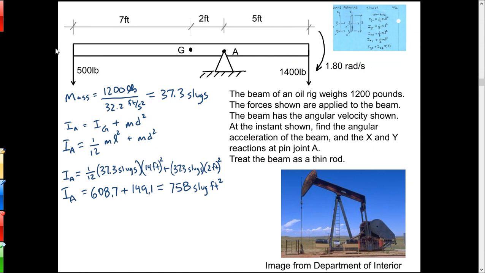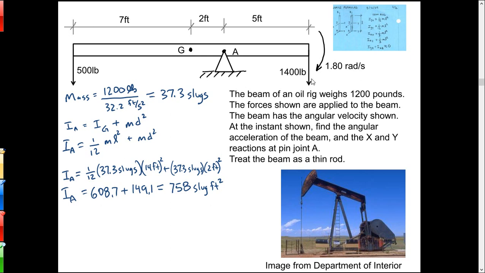So let's have a look here at that beam on top of that oil rig there. And let's do the same sort of thing with this. So we've got a 1,200-pound beam, and we're going to apply these two forces. Notice we've got a pin joint here with some links there, and a big old cable over there on the left. And let's just kind of simplify this as a beam.